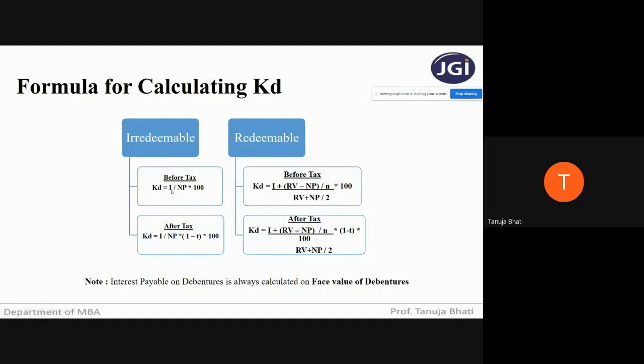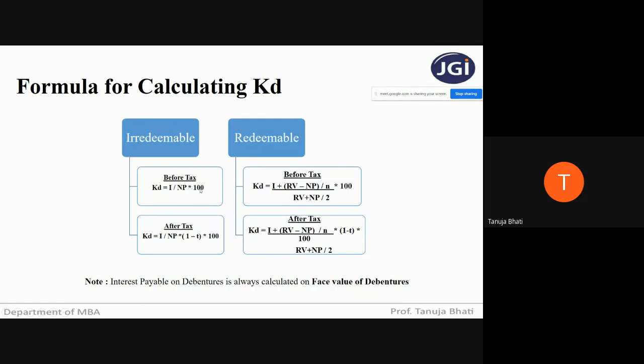KD is nothing but I divided by NP into 100, where I is the interest payable by the company for issuing the debentures. NP stands for net proceeds, which is the amount collected by the company when it is selling its debentures, that is, the amount the company is receiving from the debenture holders, into 100.